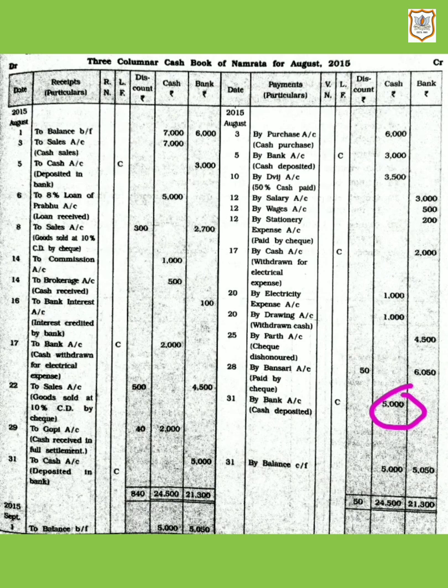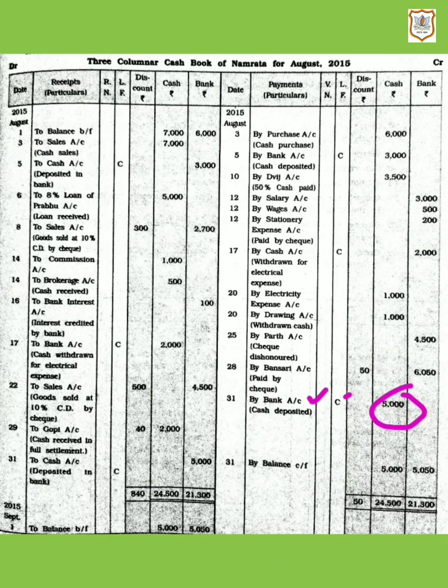As it is being deposited in the bank, our cash balance is reducing. So it appears on the credit side of the cash book in the cash column. And this will become the case of a contra transaction. So here we will denote C in the LF column, and in the particulars column we will write By bank account.